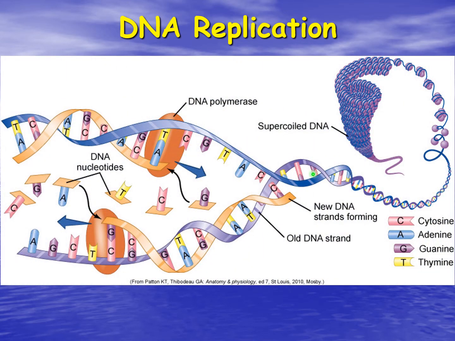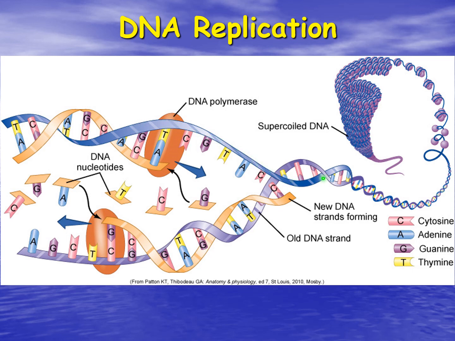So, DNA gyrase will undo the supercoiling ahead of the replication fork. DNA helicase will separate the 2 strands, and DNA polymerase then can come in and lay down DNA nucleotides matching T and A, C and G, etc. as we move down the parental strand of the DNA.